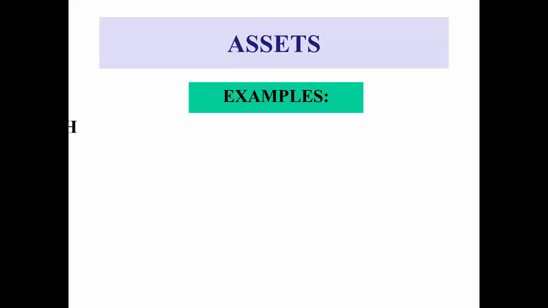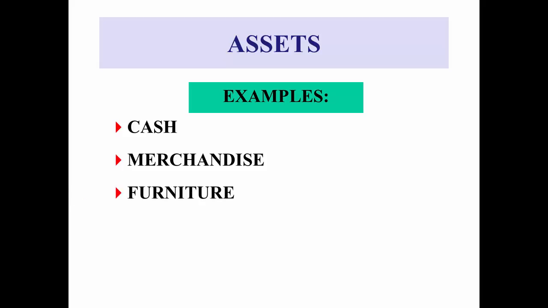Here are some examples of assets. First is cash. When we say cash in terms of accounting and business, we mean the checking account, not a roll of cash bills and coins. Merchandise is inventory. If we are a merchandiser and we sell products, then we would buy the products from the manufacturer and put them out on our shelves to sell, and we own that merchandise inventory.